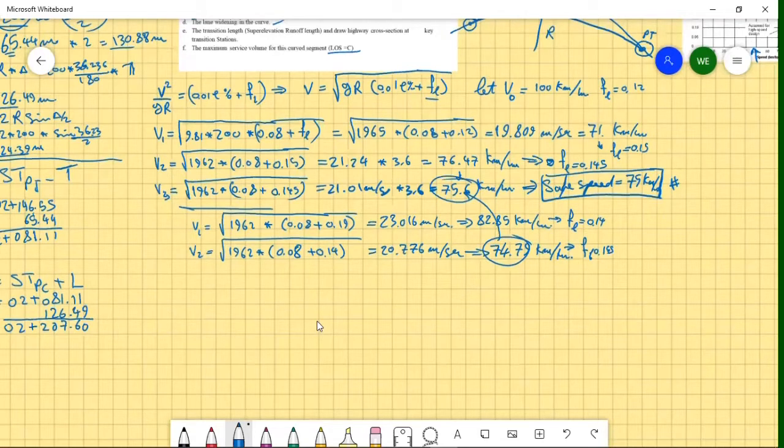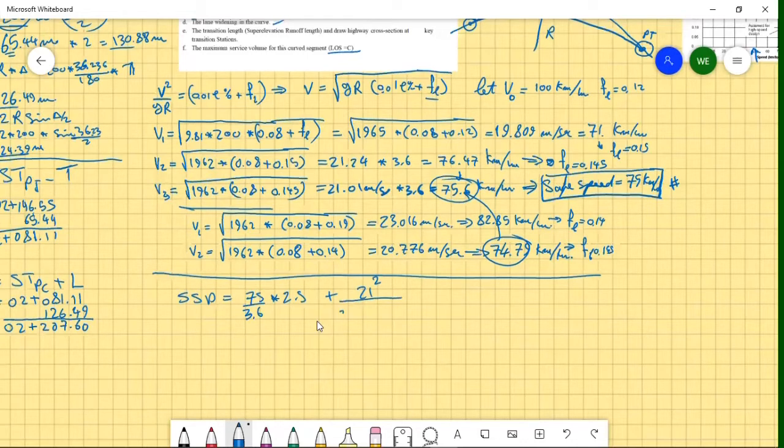So the stopping sight distance equals 75 divided by 3.6 multiply 2.5 plus, actually it's going to be 21 meters per second, 21 squared divided by 2 multiply 9.81 multiply 0.345.